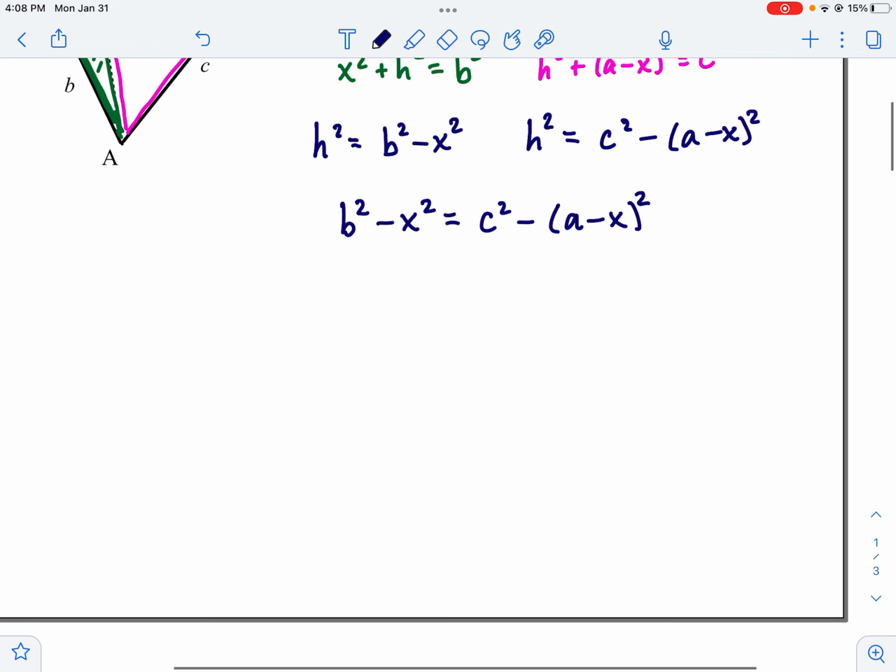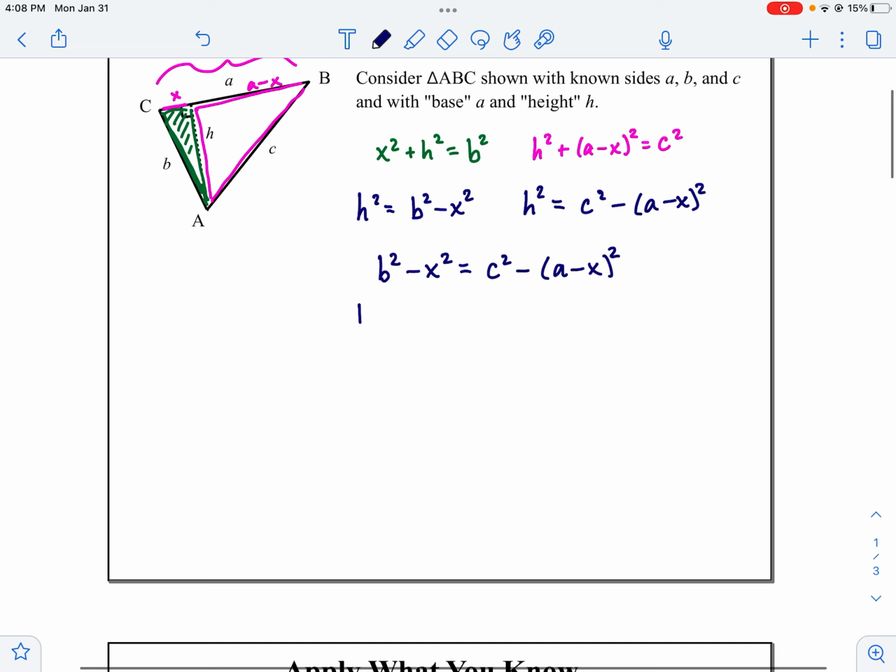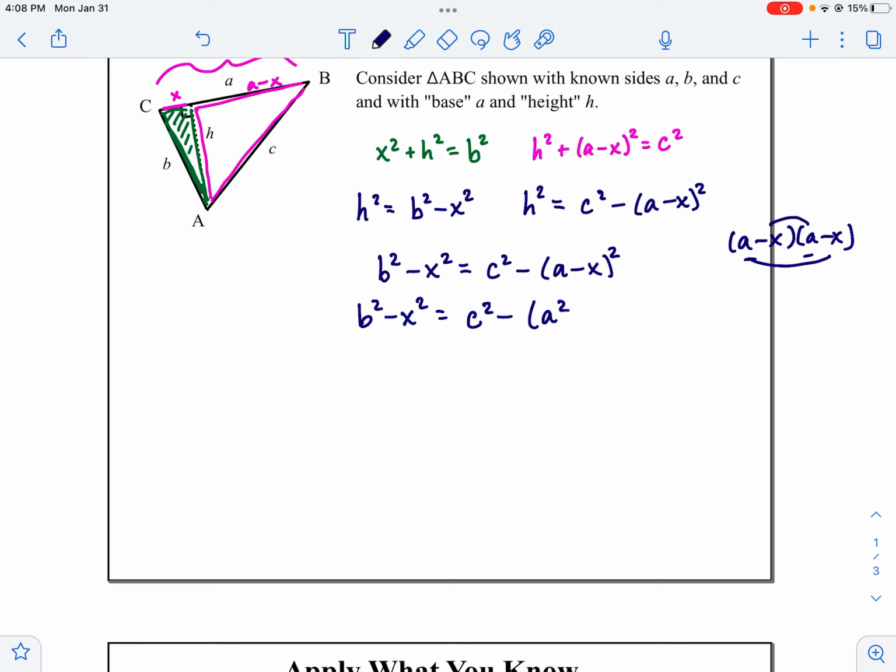And now it's all just algebra. So b squared minus x squared would equal c squared minus, if I multiply this out, (a minus x) times (a minus x), I'd have a times a, so that's a squared. And then I'd have a negative ax and another negative ax, so minus 2ax. And then plus x squared.